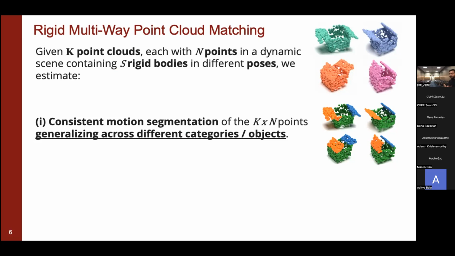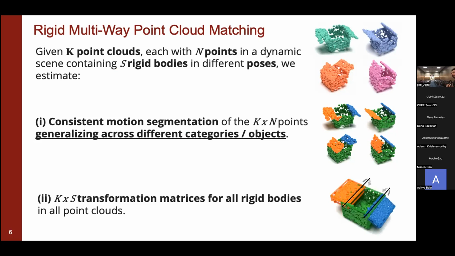It's really a segmentation of the underlying object. We want this to generalize across objects, so we really want to understand the motion and not the object. We don't want to overfit on the object. And of course, for each of these parts that we segment, we want to come up with a transformation matrix so that the scene is summarized in terms of rigid motions.